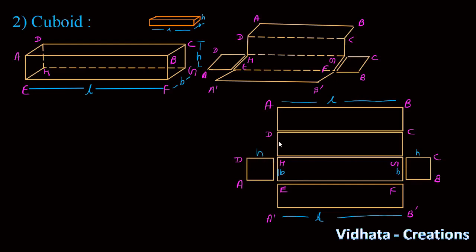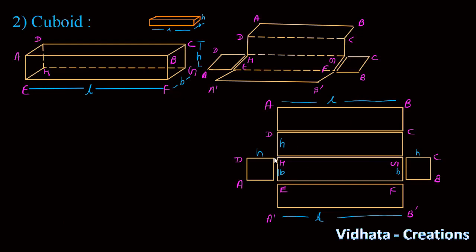And what can you say about DH? If you observe the figure, DH here is height. CG is also height, CG is equal to DH.